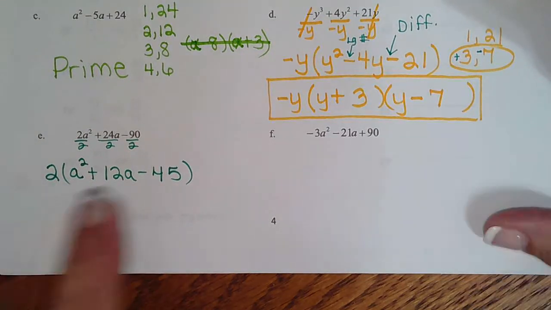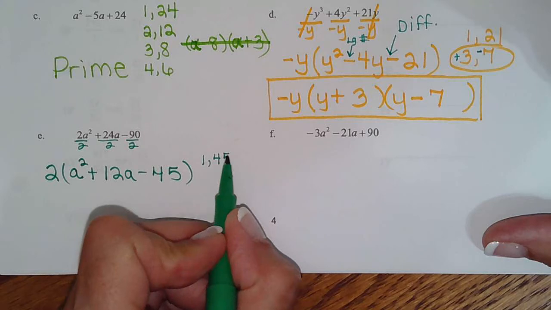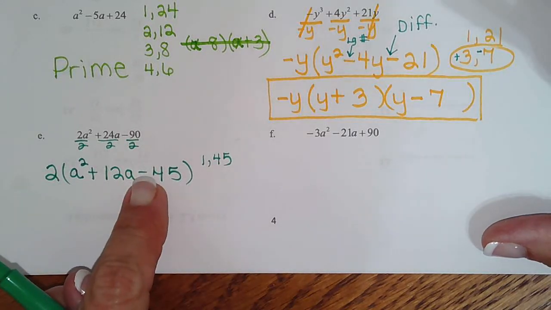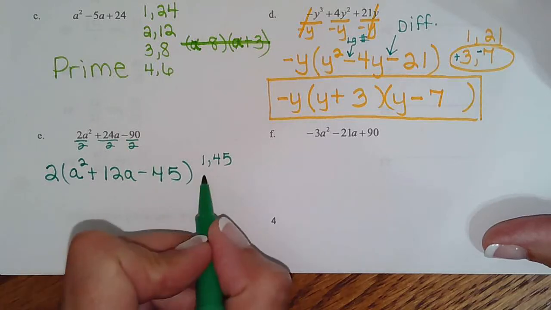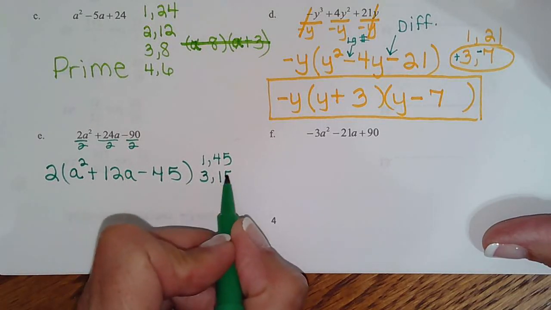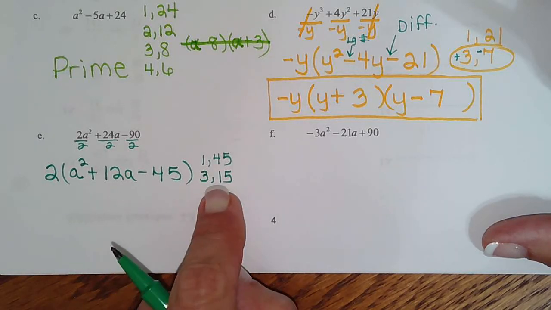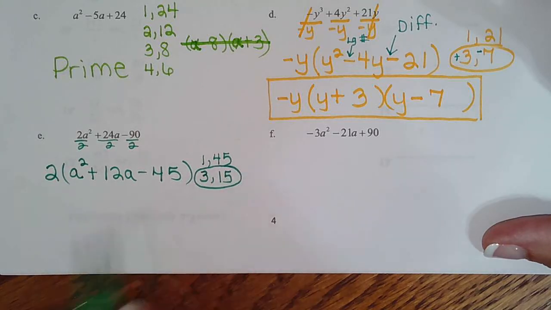So what your head should be seeing is, are there factors of 45 that subtract to 12? Well, those don't subtract to 12. 2 doesn't go into it. 3 and 15. Ding, ding, ding, ding, ding. Subtract to 12. So those are the numbers.